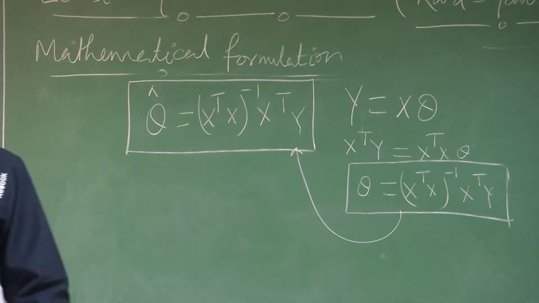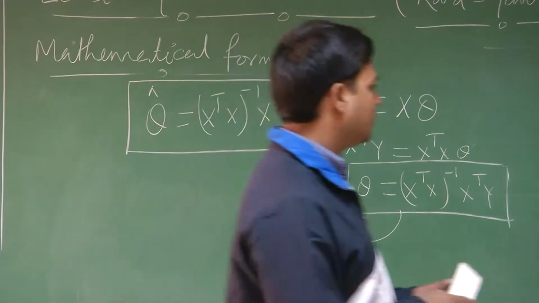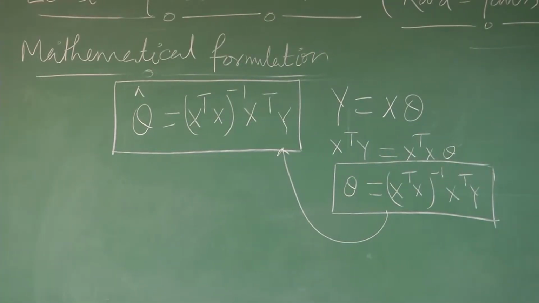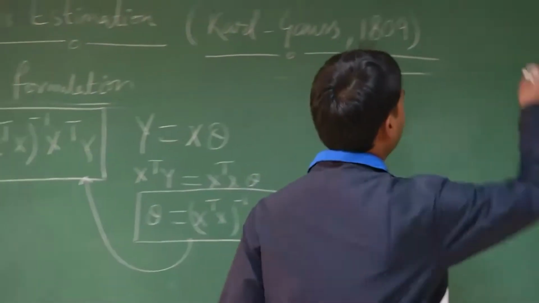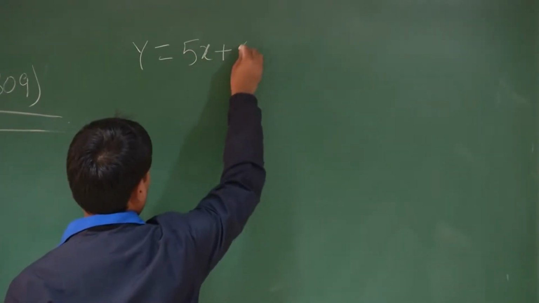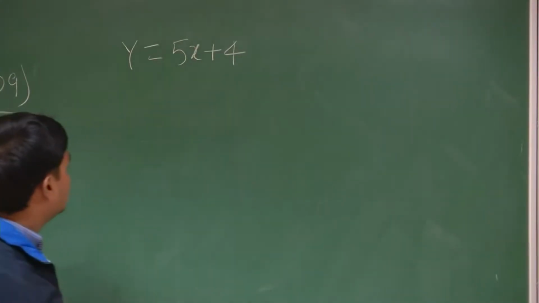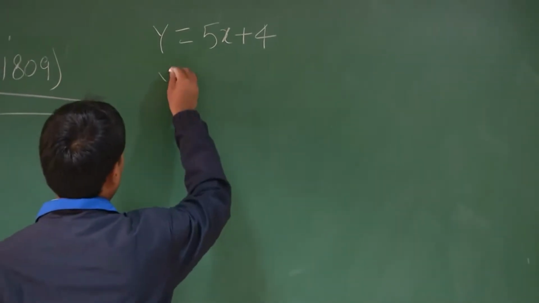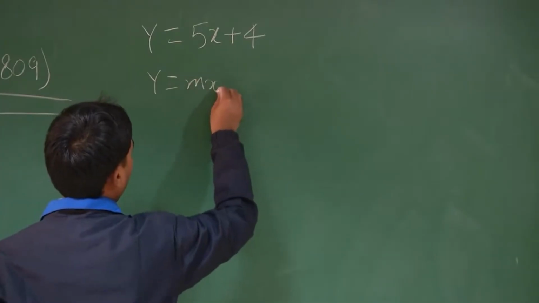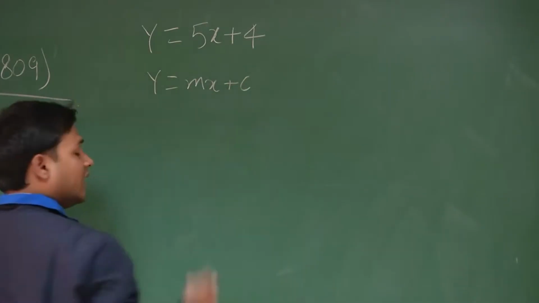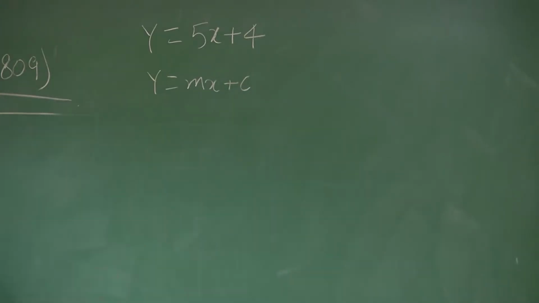Let us try to understand the application of this method again, or it can be an exercise problem for you. Suppose I take the same example, y equals 5x plus 4. This is a linear equation, right? The structure is y equals mx plus c, where m represents slope and c is intercept.